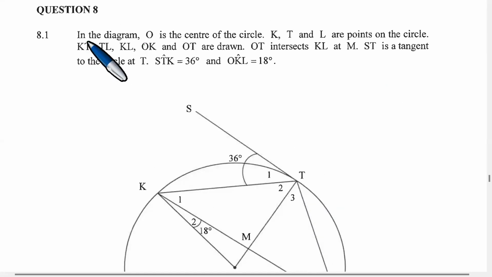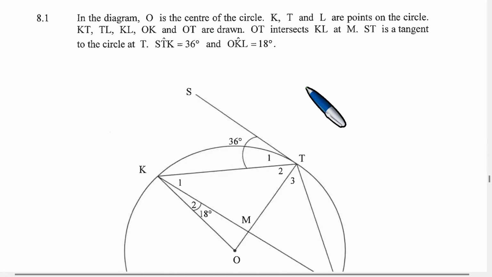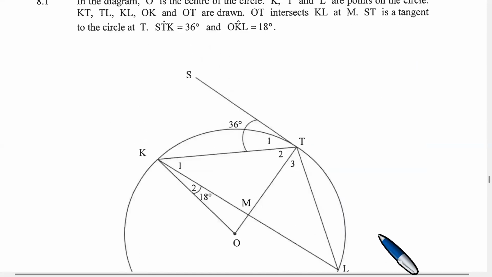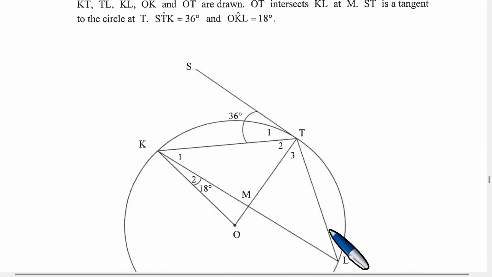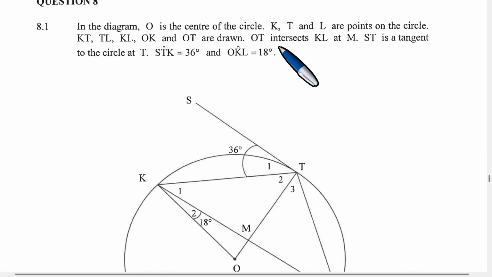So in other words, in the diagram, O is the center of the circle, and K, T, and L are points on the circle. KT, TL, and KL are chords. OK and OT are drawn.